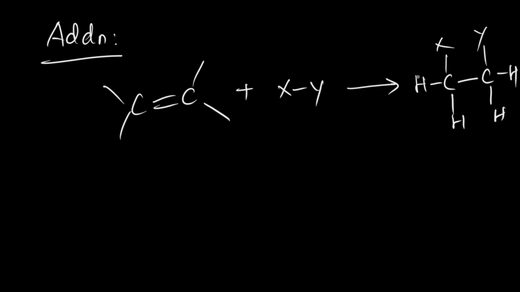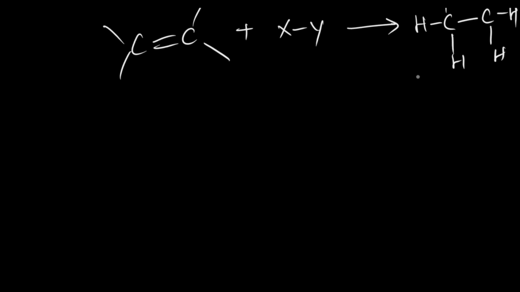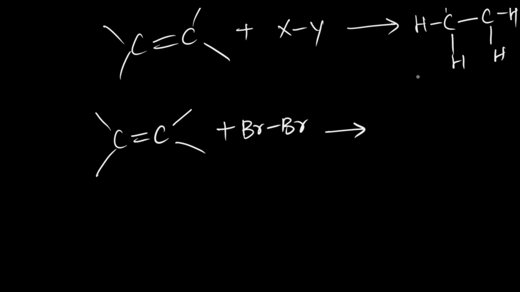In the case of addition reaction, there are two types: electrophilic addition reaction and nucleophilic addition reaction. Electrophile, once again, is an electron loving species. Let's say, instead of XY, I'm having Br2. So each Br will get attached to one of those carbons.